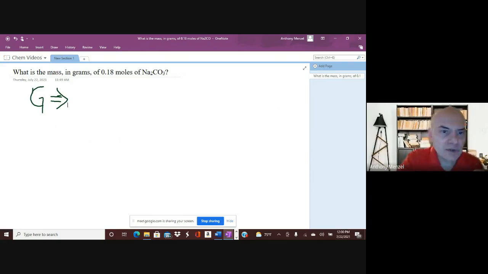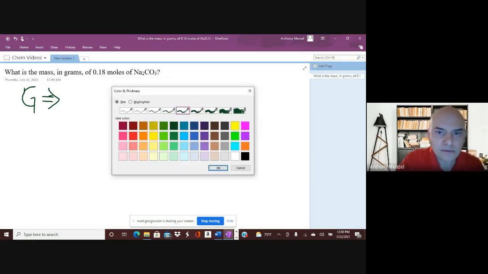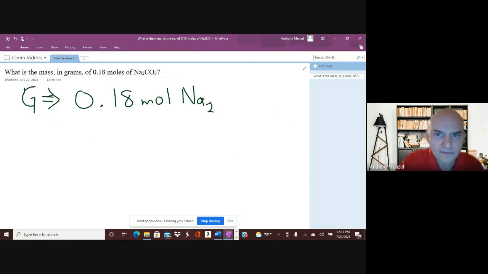So our given is the moles of the sodium carbonate. And then what we're looking for is the grams.